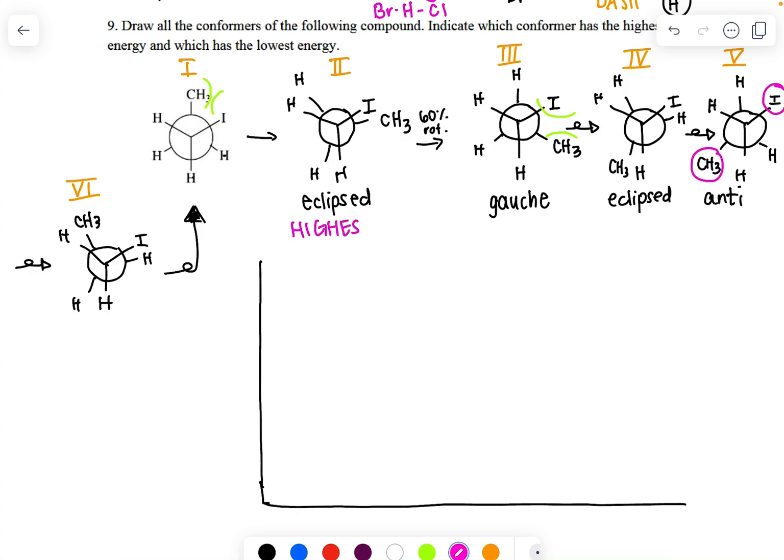This is going to be the lowest. And this is going to be low, mid. I'm going to call this low, mid. So let me just say, okay, maybe this is number 2.